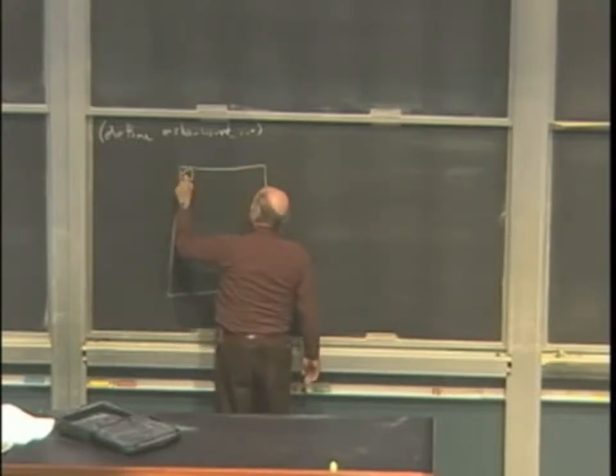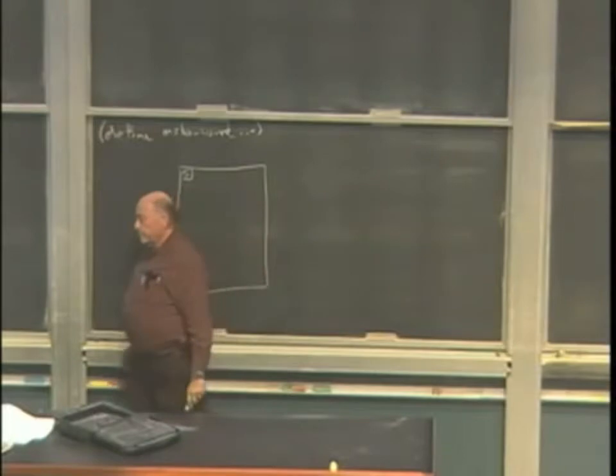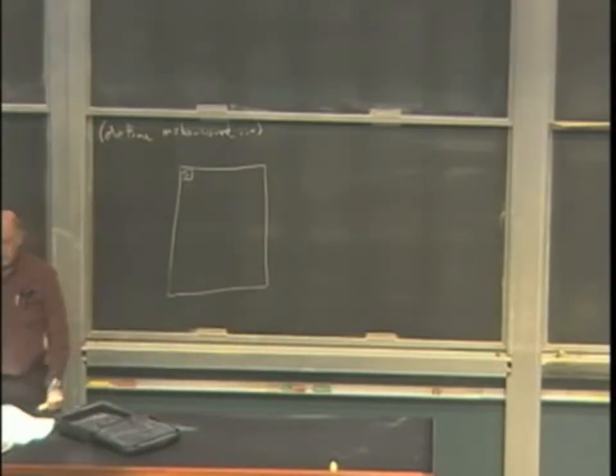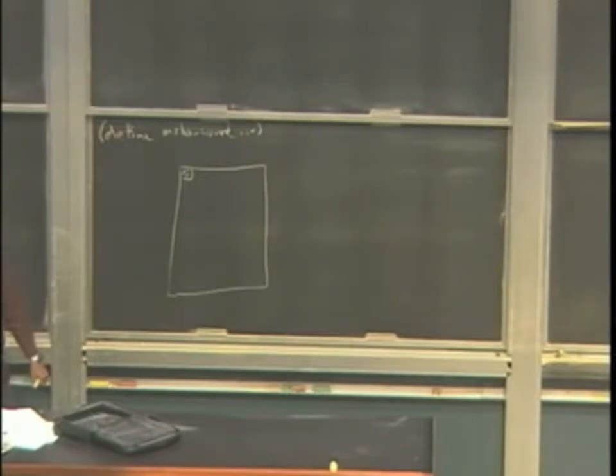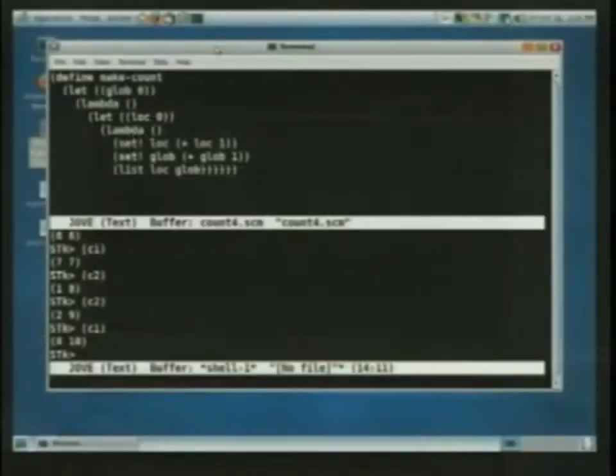Here's the global environment, G. The define of make count up at the top of the screen doesn't have parentheses around make count, so there's no implicit lambda there. So we're going to start by evaluating the second argument to define, which is a let. Now, a let does have an implicit lambda.